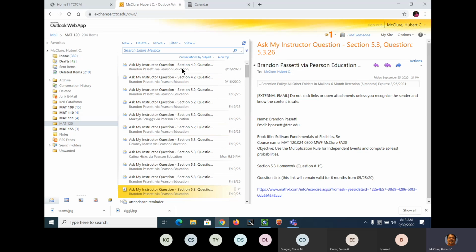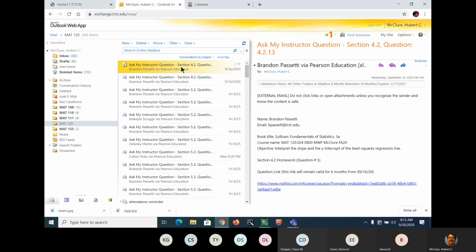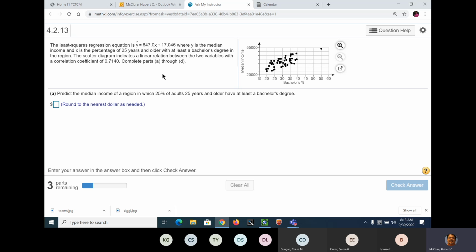Okay, we got a 4.2 question, 4.2, 13/5. So this is the test question, or it could be a test question. I'll write everything down and then we'll go to the paper.